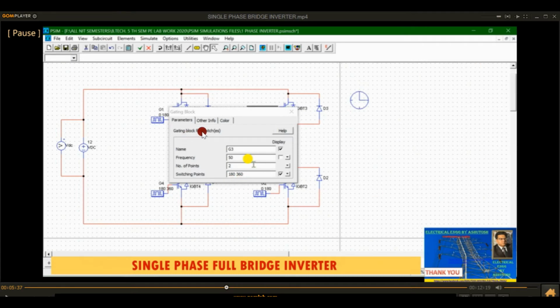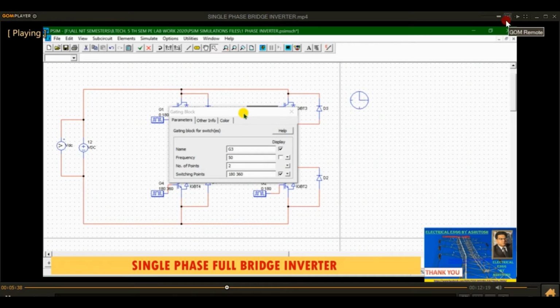So basically IGBT 1 and 2 will conduct during the 0 to 180 degree period, and then automatically they get turned off. Then from 180 degree up to 360 degree, this pair of IGBTs 3 and 4 will conduct, and after the conduction period is finished, these are automatically turned off.